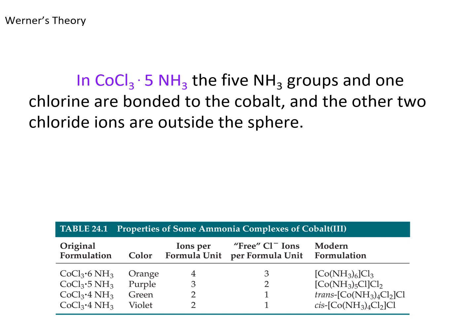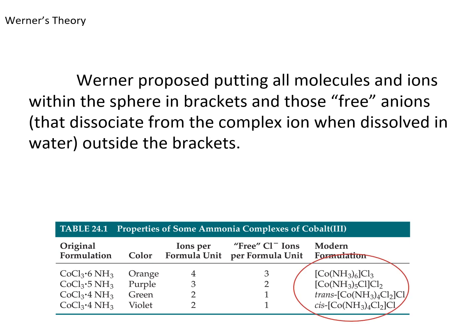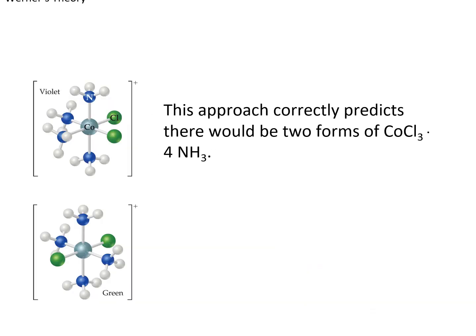In this compound, the 5 NH3 groups and 1 chlorine atom are bonded to cobalt and the other 2 chlorine atoms are outside the sphere. Werner proposed putting all the molecules and ions within the sphere in brackets, and those free ions that dissociate from the complex ion when dissolved in water outside the bracket.